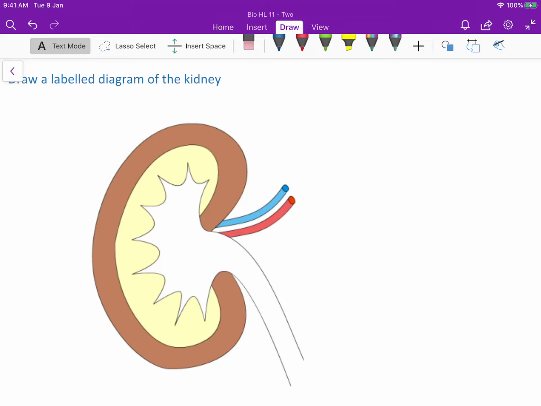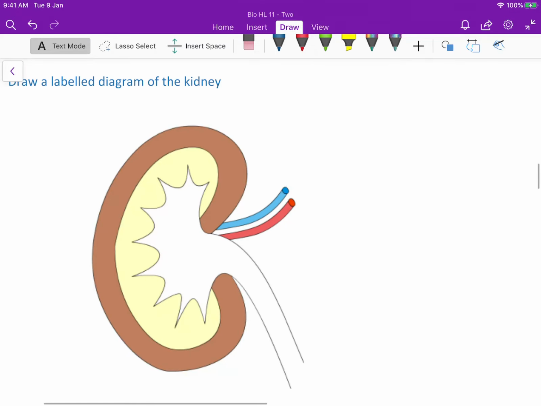Okay, one of the things you have to be able to draw is a labeled diagram of the kidney. So you do it in a kind of bean shape, and then you need to think about having one layer for the outside, a second layer inside, and finally a third which pulls together.